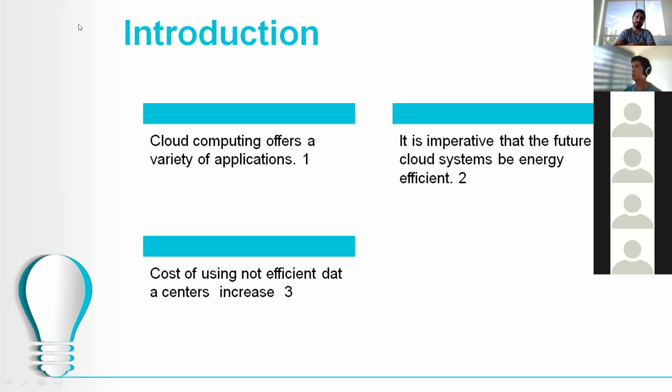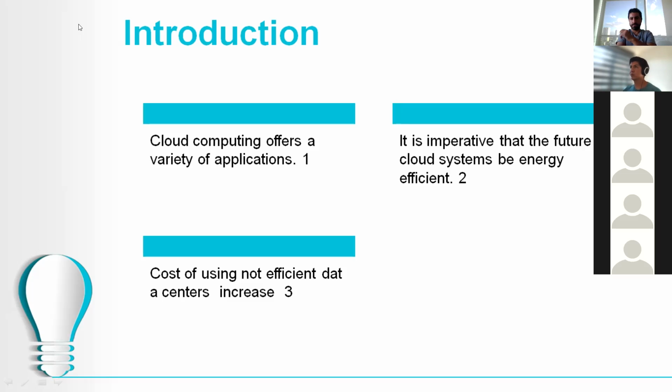We must be aware that with the recent growth of the Internet of Things, the applications that are based in the cloud are growing exponentially. So if there is a large number of cloud data centers, the carbon footprint will increase and will affect the sustainability of the cloud services.